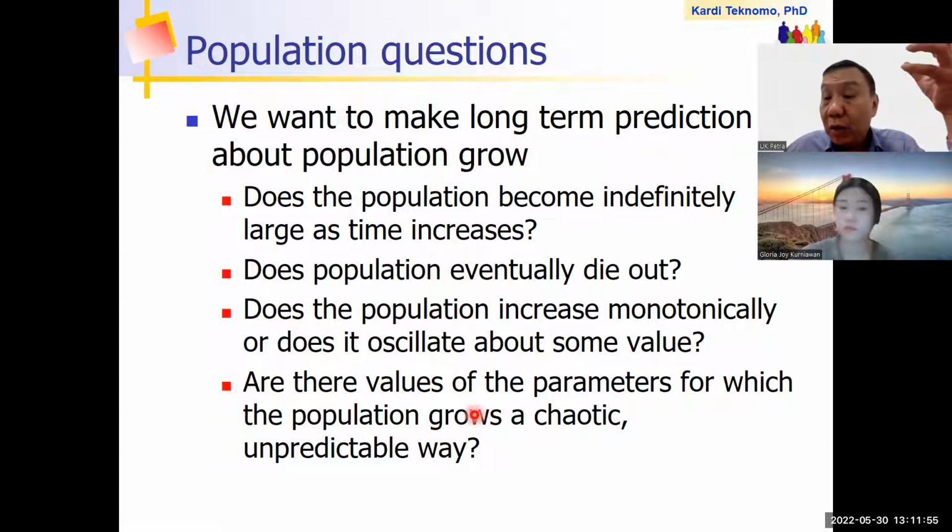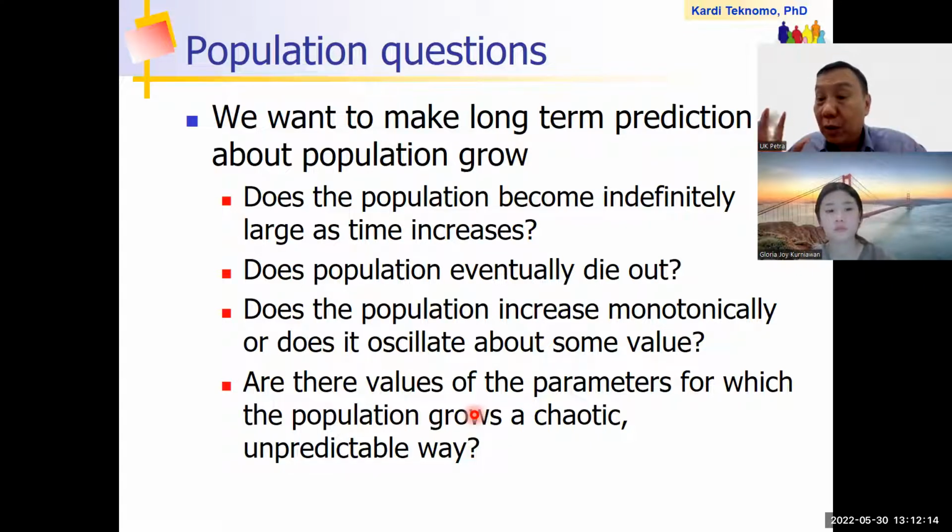So if you know the number of population, what is the impact? In this case, you will know, for example, how many hospitals you need, how many schools you need, how many public services you need in a certain area because you know the population.